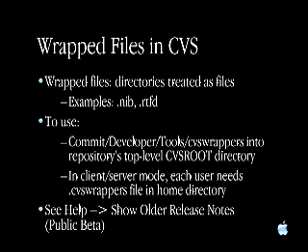In order to do this, there's a configuration file that we supply in Developer Tools, CVS wrappers, that you would need to commit into the top level of your CVS repository and the CVS root directory. In client-server mode, each user needs access to that, so you'd put it in a .cvswrappers file in your home directory. This is all documented, actually in the last place we documented it, which was the release notes for public beta, which are actually still in the product as well.